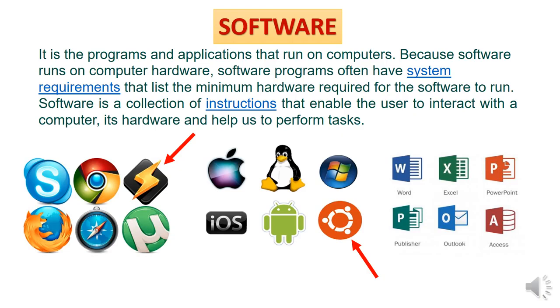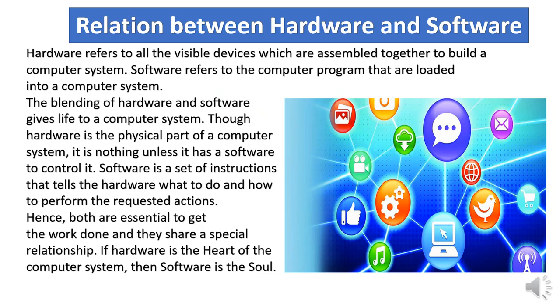Thank you. In the previous slide, we saw the definition of hardware and software. In this slide, we will see the relation between these two, that is the relation between hardware and software. Hardware refers to all the visible devices which are assembled together to build a computer system.